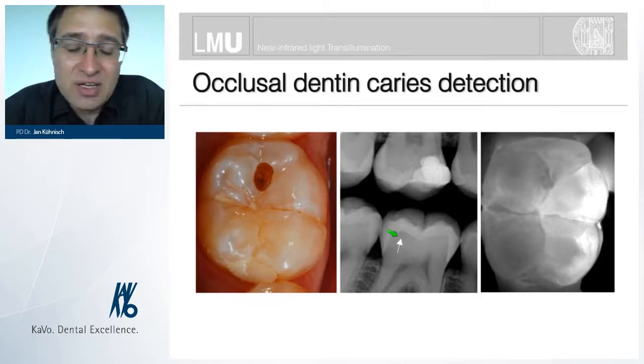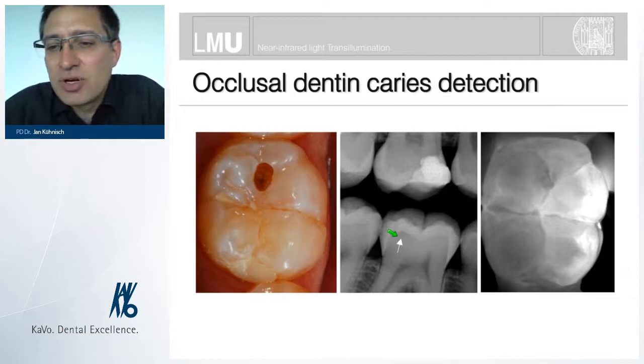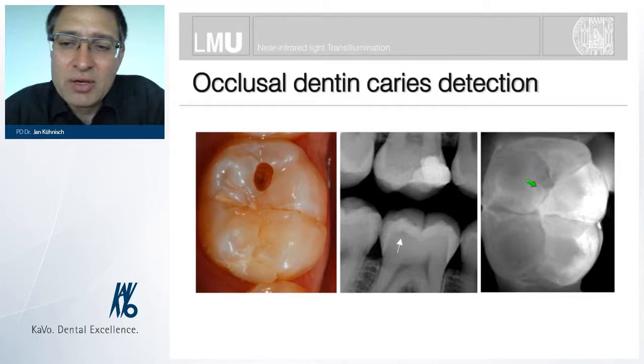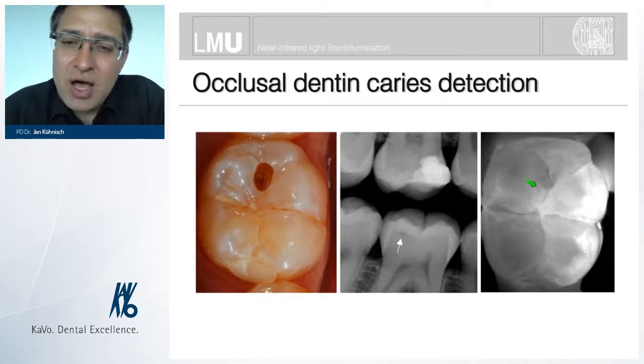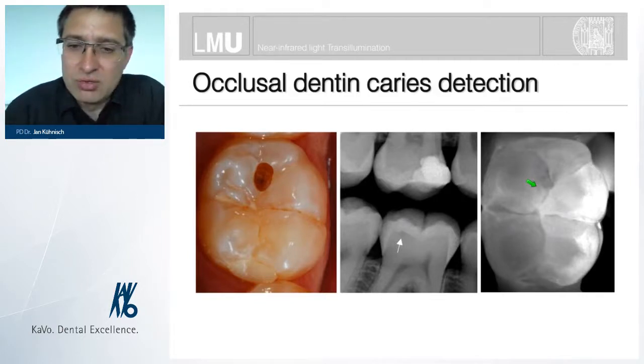And as I had seen this, I took the near-infrared light technology, and I was really surprised to see such a dark shadow here in this area. And after opening of the dentine caries lesion, we found a caries process which reached half the way in direction to the dental pulp.